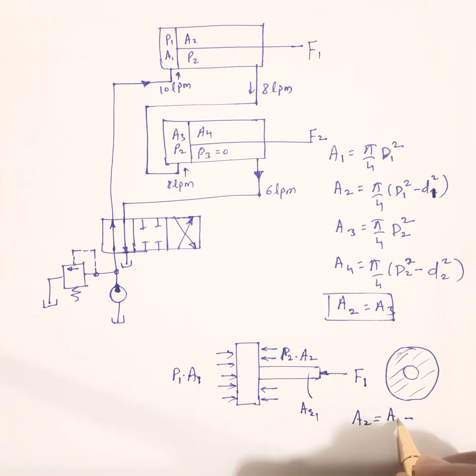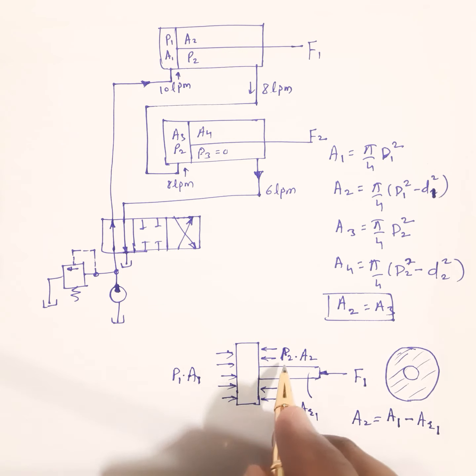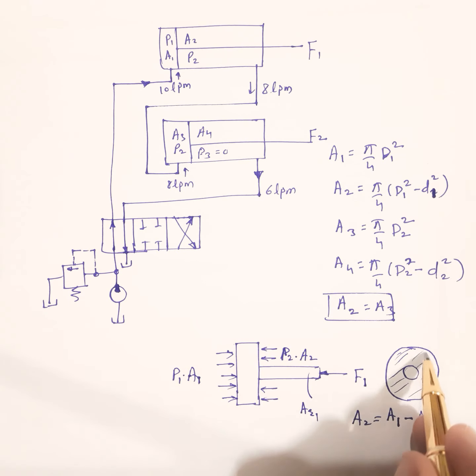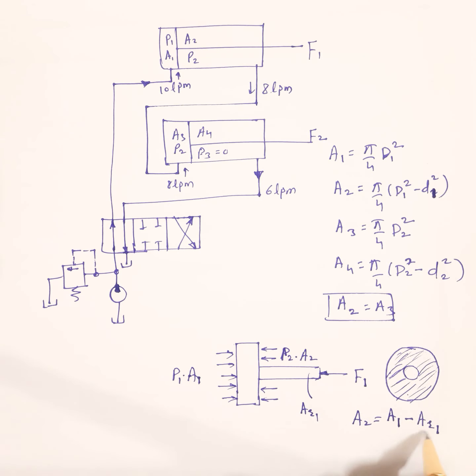So you have to subtract A1 minus AR1. Okay, so A2 will be this resisting resultant area, which is the area of piston minus the area of rod. So the area of piston is A1 and the area of rod 1 is AR1. So here A2 is this one.